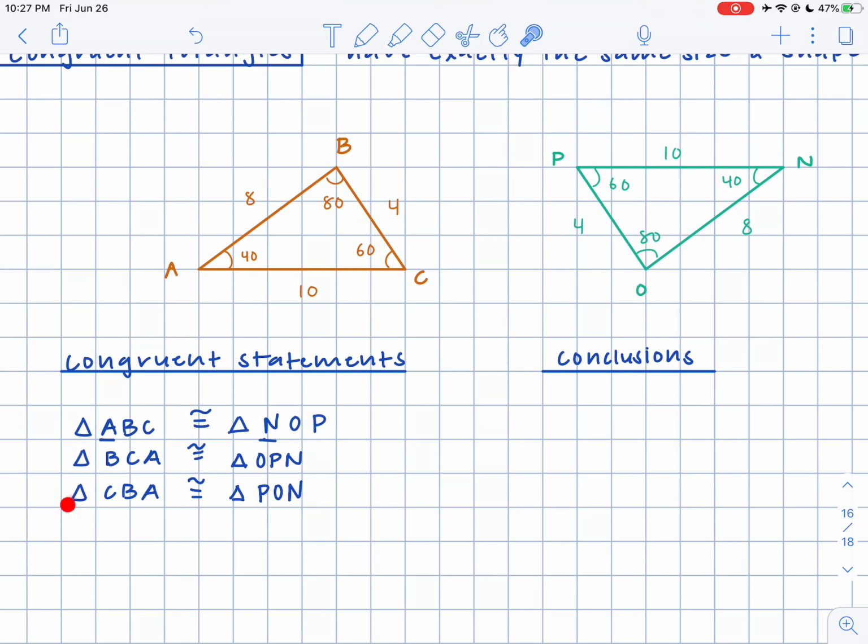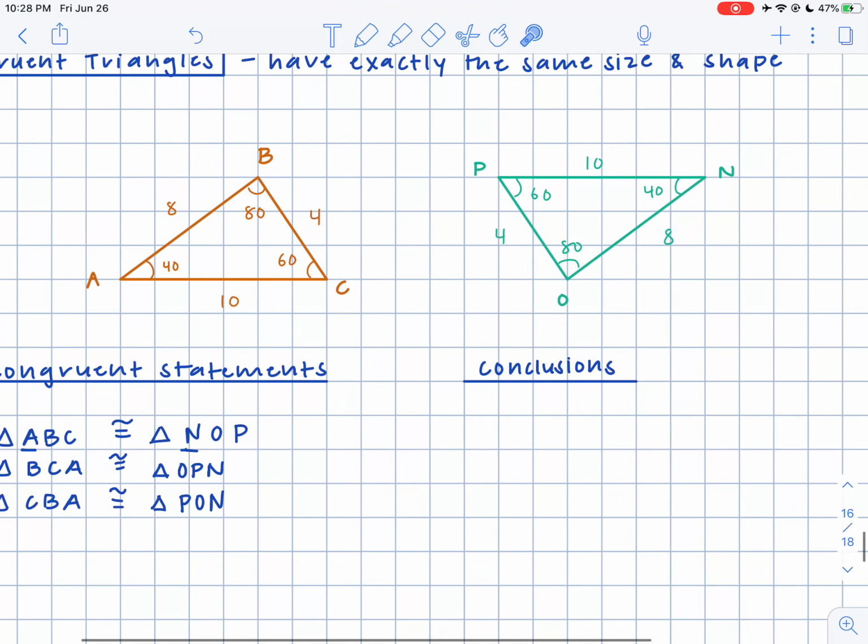So it doesn't matter which statement you would write. You could write either of these statements, and it doesn't matter how you're labeling your triangle, but what does matter is that the vertices correspond to each other, okay? So the first vertices should correspond, and the second vertices and the third vertices should correspond to each other.